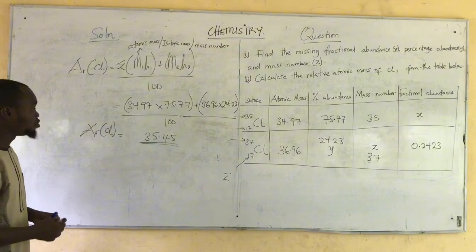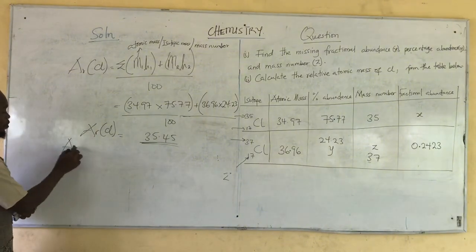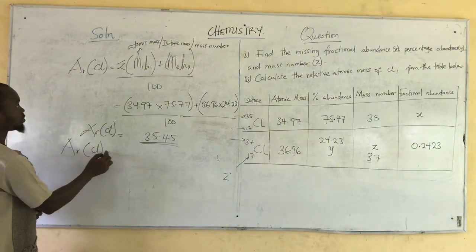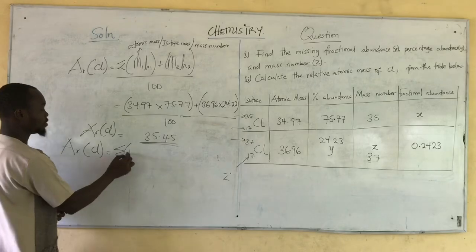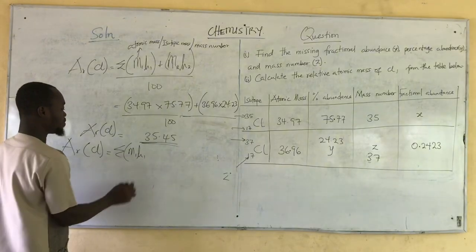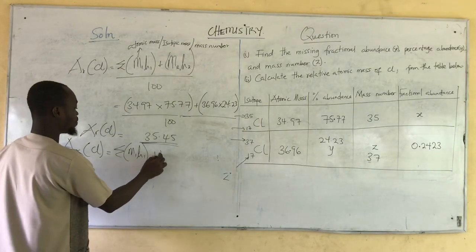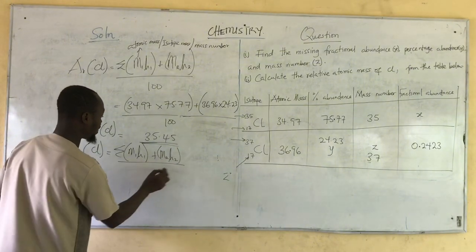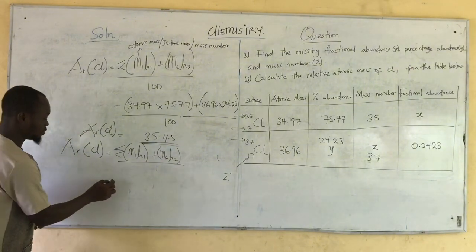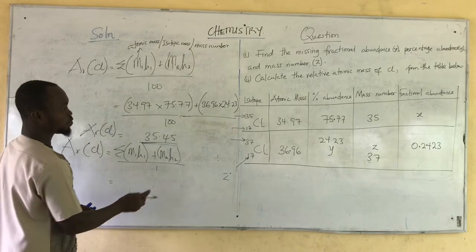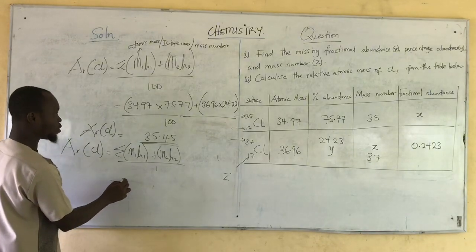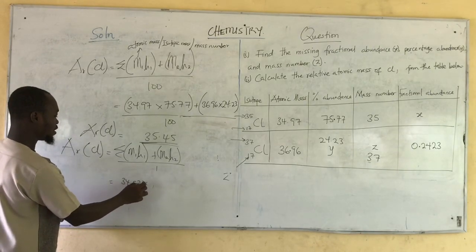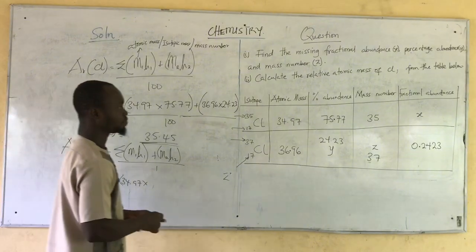So now let's also use the fractional abundance form. So AR of Cl is equal to the summation of the mass of the first one times the fractional abundance, plus the mass of the second one times its fractional abundance, all divided by 1. Alright, so the mass of the first one is 34.97 times the fractional abundance.